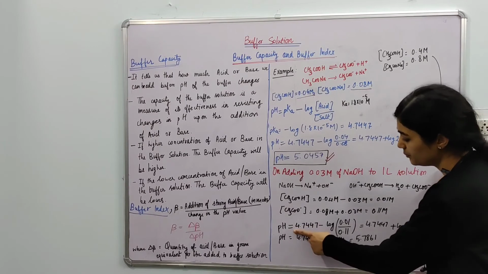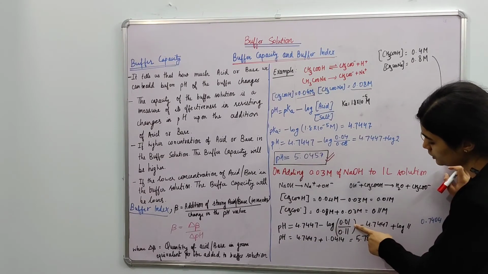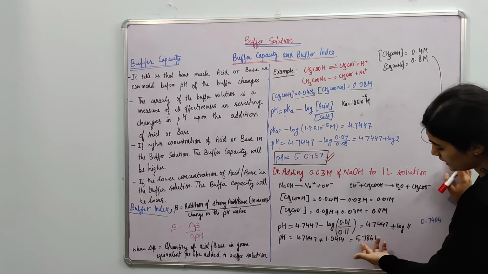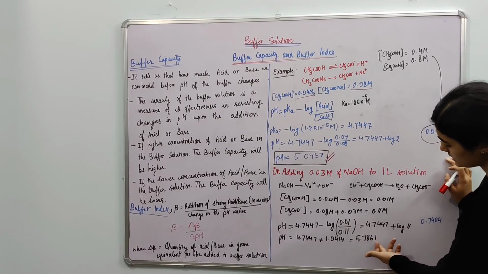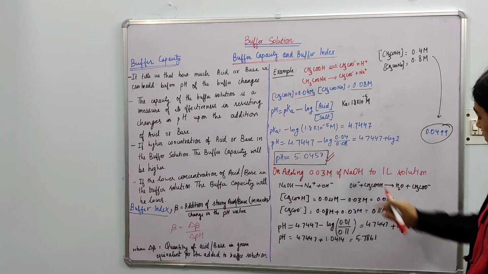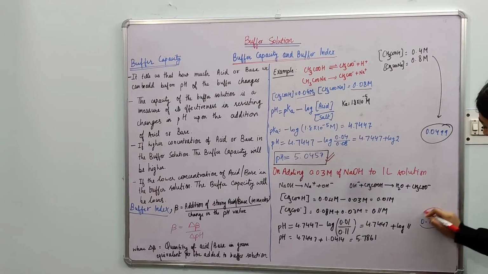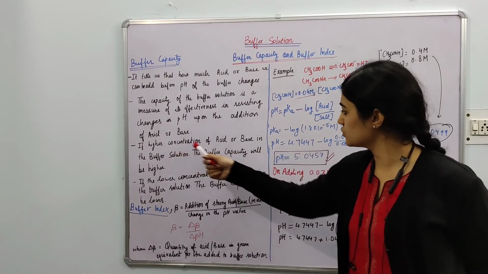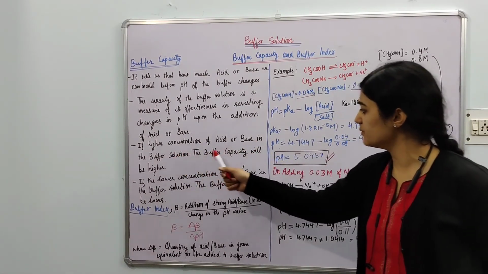Now let's calculate the pH. The ratio here has changed. On calculation you get a pH of 5.7861, and if you see the difference between this and the earlier pH, it comes out to be 0.7404. As we discussed earlier, the higher the concentration of acid or base in the buffer solution, the higher the buffer capacity.